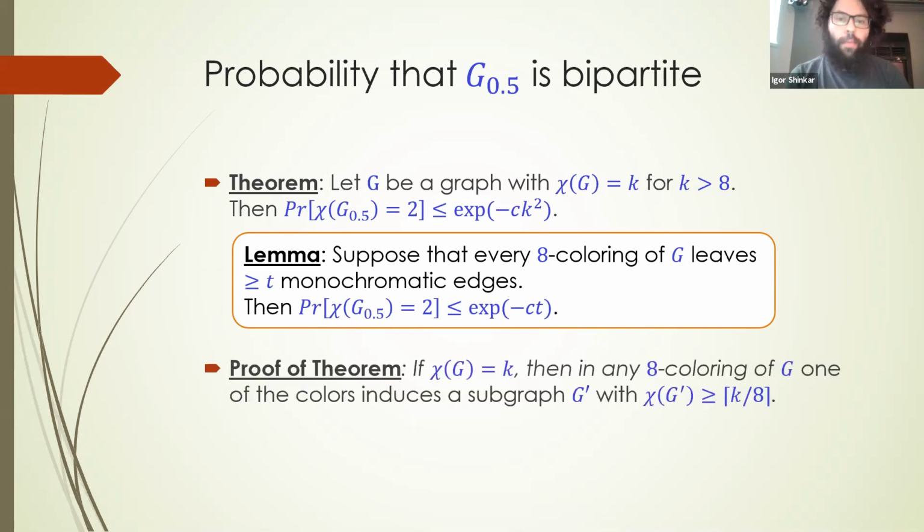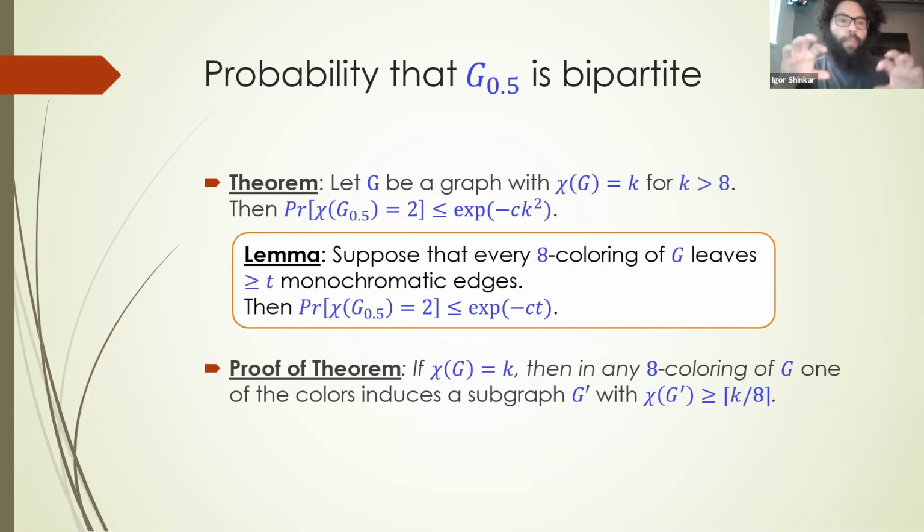How do you use this lemma? Let's take k, and let's say k is some multiple of 8. Think of k as large, like 100 or something. If I try to color it with only 8 colors, one of the color classes will have chromatic number at least k divided by 8.